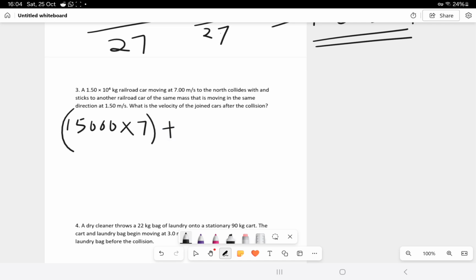So M2 is the same mass, 15,000, moving in the same direction at 1.5.